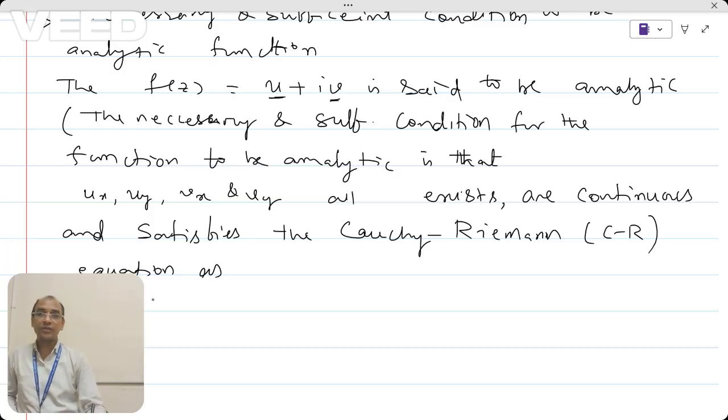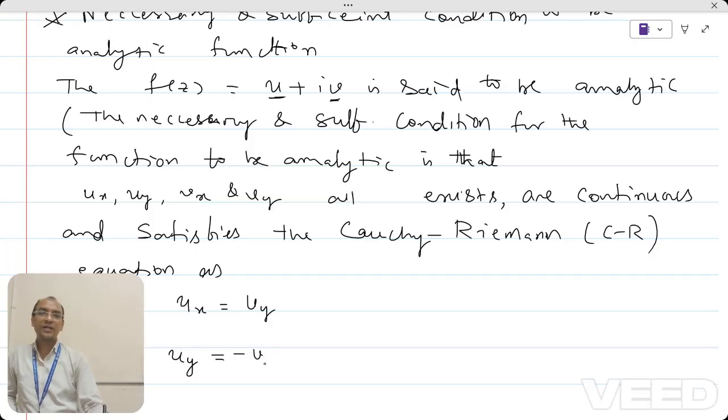The Cauchy-Riemann equation is ux should be equal to vy, the partial derivative of u with respect to x should be the partial derivative of v with respect to y. And the partial derivative of u with respect to y should be equal to the negative of the partial derivative of v with respect to x. So these two equations are called the CR equation.